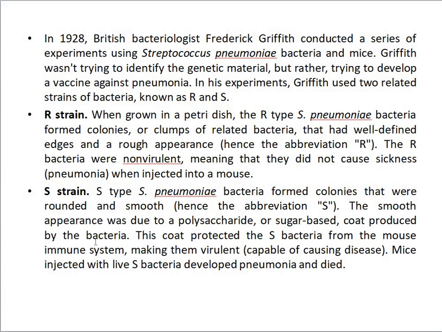Both are Streptococcus pneumoniae, but the R strain does not cause disease, and the smooth strain causes disease, the pneumonia. When grown on medium, the colonies of the R strain appear rough, therefore it is called the R strain. The S strain's colony appears smooth because of the presence of a polysaccharide coat around it. And the S strain is actually the bacteria which causes pneumonia.